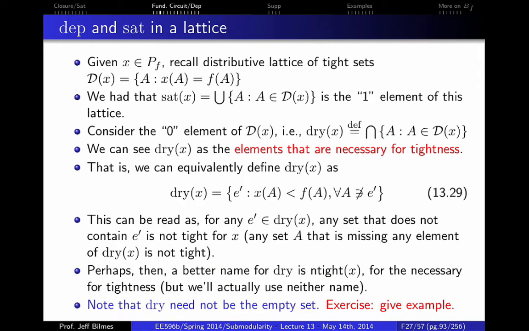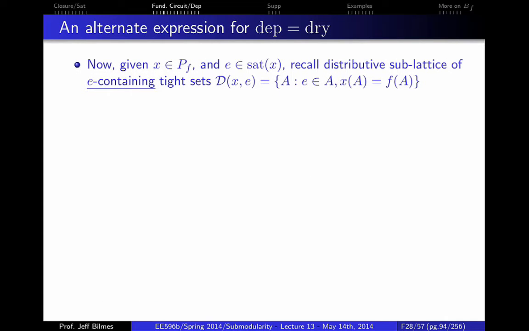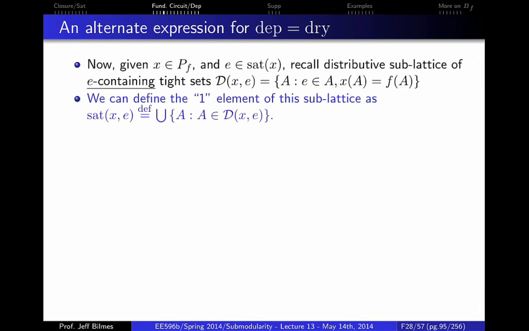Okay, so dry need not be the empty set. I think we're going to see an example. But what we want to do is define the dep x of the E function set. So now we've got some x in the polytope, and we've got some sat E, and here's the set of E-containing tight sets, dx of E. And so we can define one element of this sublattice.